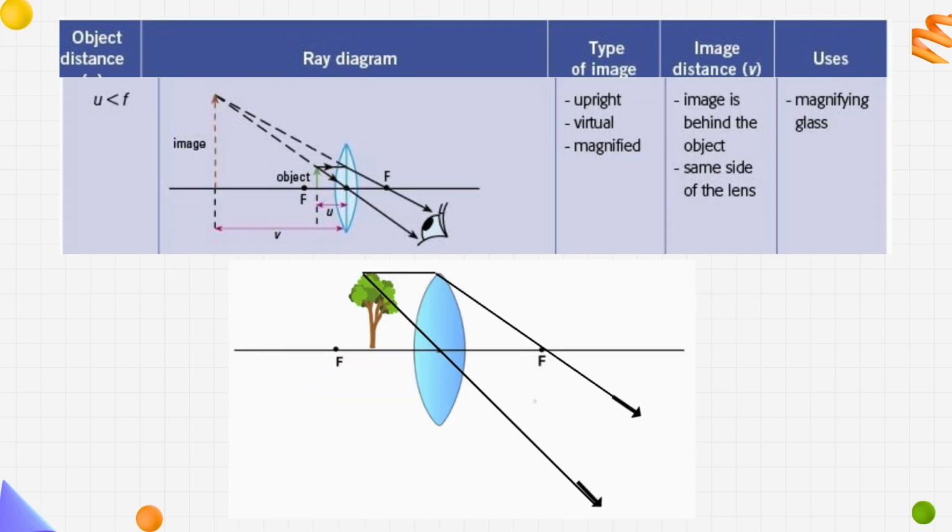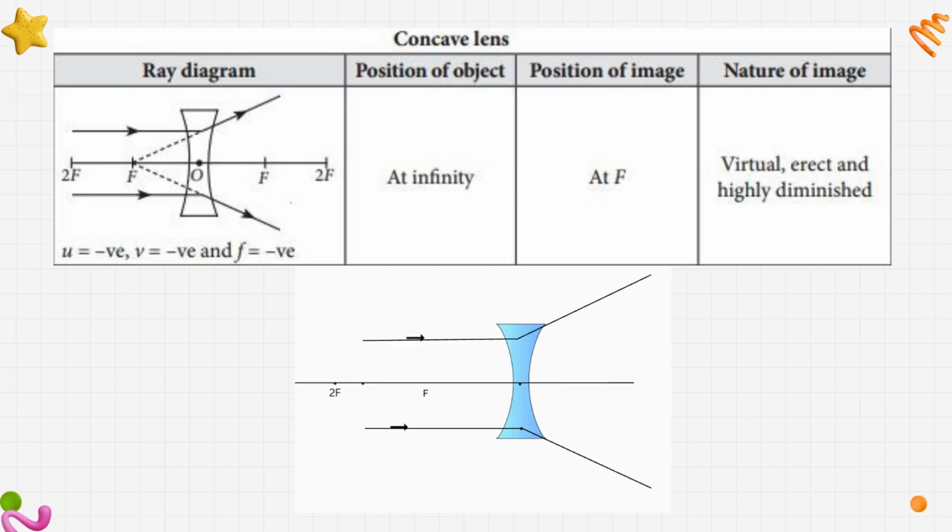When the object is placed between the principal focus and the optical center, the image formed will be upright, virtual, and magnified. The image will be formed behind the object, on the same side of the lens. We use this in magnifying glasses.